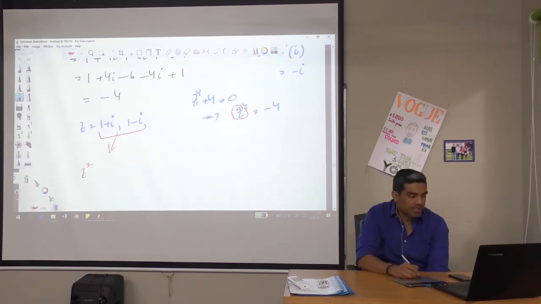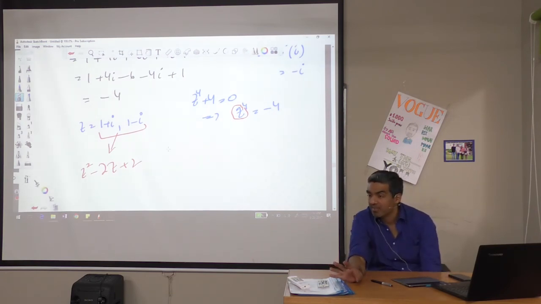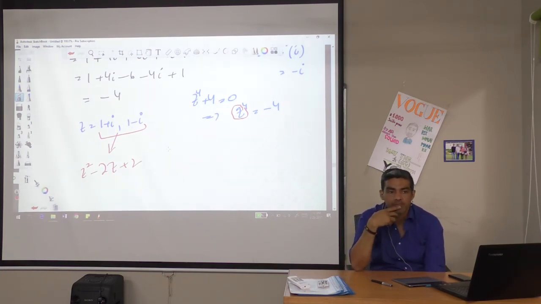So it's going to be z squared minus the sum of roots, which is 2, so -2z, and plus the product, 1 squared plus 1 squared. This is the quadratic factor. Use this quadratic factor to get the other quadratic factor out. Once you have the other quadratic factor, we'll break that up and see what the other 2 roots come out to be.